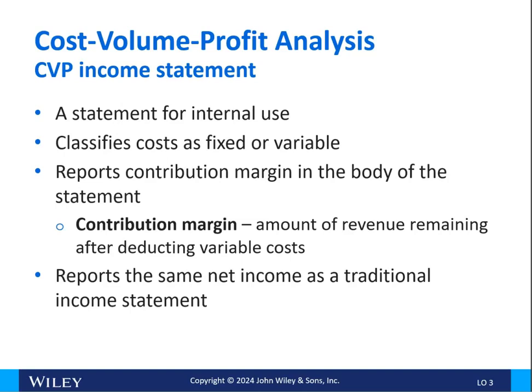A cost, volume, profit income statement is a statement for internal use that classifies costs as fixed or variable. It reports a contribution margin in the body of the statement, and the contribution margin is the amount of revenue remaining after deducting variable costs. And then it reports the same net income as a traditional income statement. So we're not introducing additional costs, we're not eliminating costs, we're just reporting it in a different way.